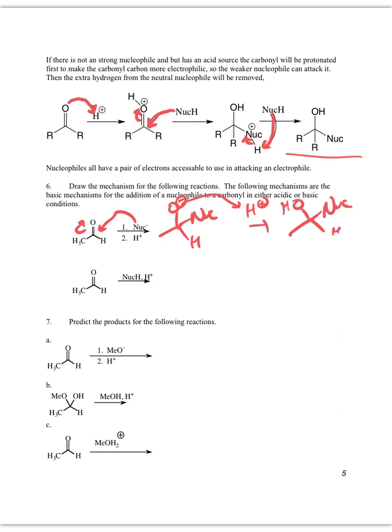In the second one, just like what we drew above, we have to protonate the carbonyl first, and in this section acid catalyzed mechanisms are much better than the base catalyzed because they take longer. You have to be very careful about what you draw, in that there are a bunch of proton transfers that have to occur, so you have to be very careful that you draw all the proton transfers.